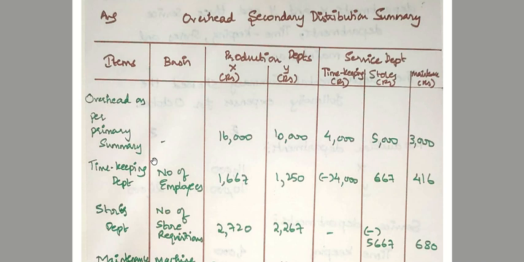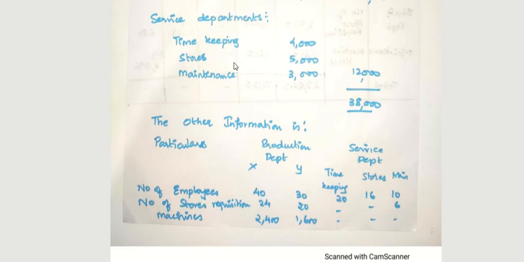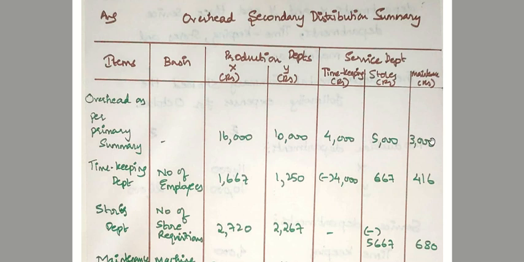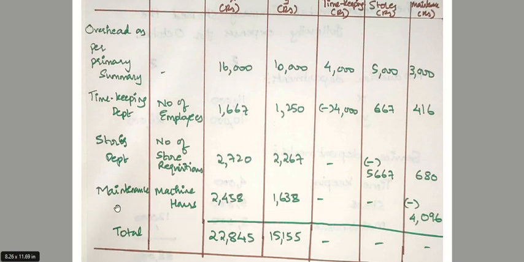So the overhead as per primary summary is all your expenses of all the departments you will take. So your production department is 16,000, 10,000, 4,000, 5,000 and 3,000 respectively. You will start with the expenses of all the departments, then we'll move ahead with each departmental expense.